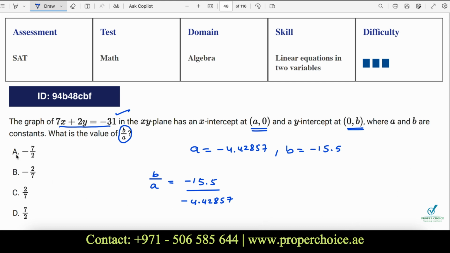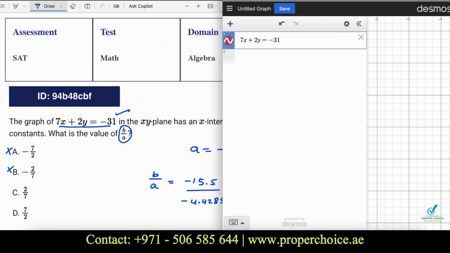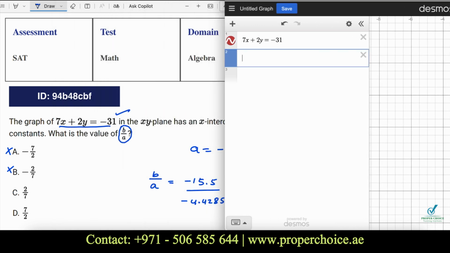Minus by minus is going to be plus, so we rule out options A and B because both are negative. Type it carefully: minus 15.5 divided by minus 4.42857.